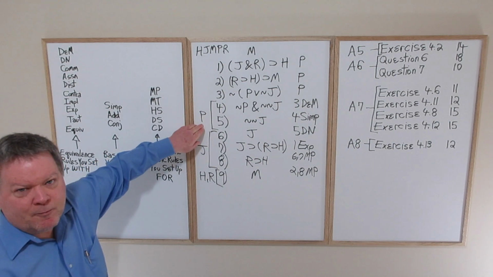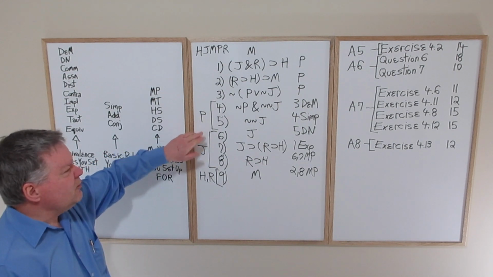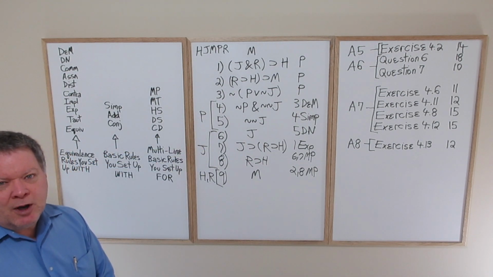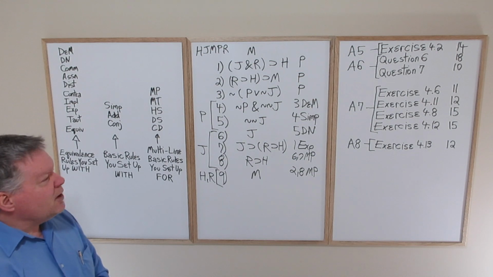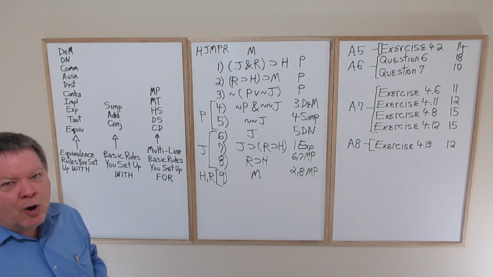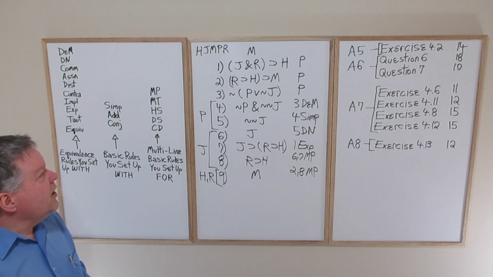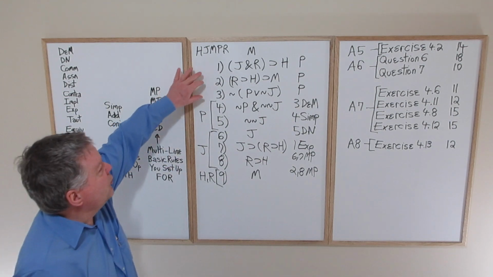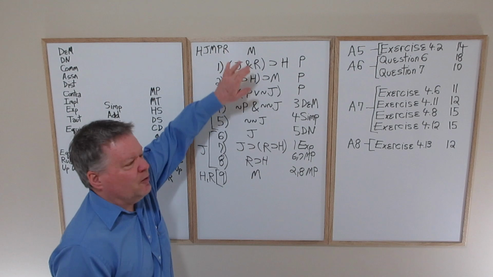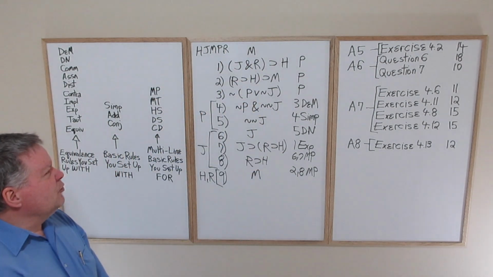And the other thing we saw with the P stage here is sometimes you're just getting rid of information that's not going to be of use to you in demonstrating that if the premises are true, then the assigned conclusion is true.